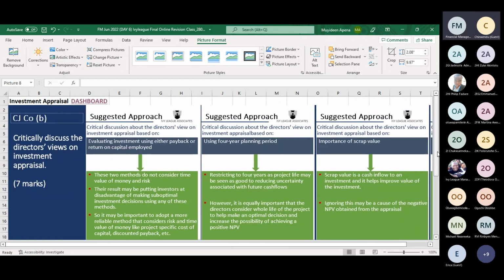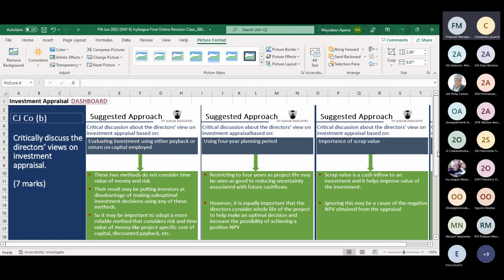When you see the word critically, so critique it. Say something good or bad about that view. So if you're evaluating investment projects using these payback or return on capital employed, what can you say about it? I think I've sent these to you.